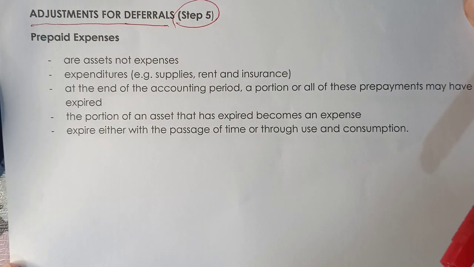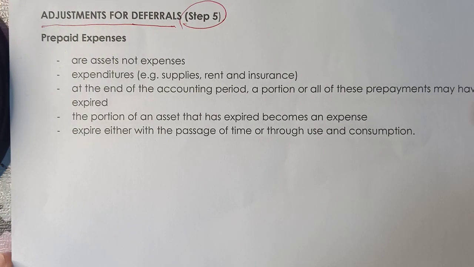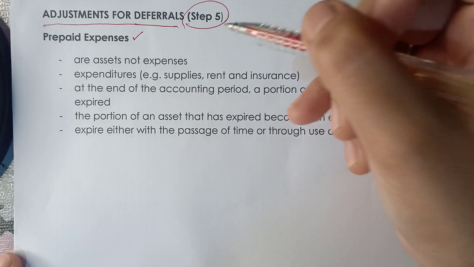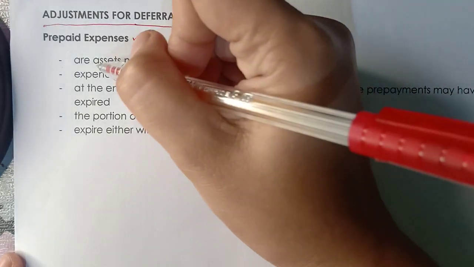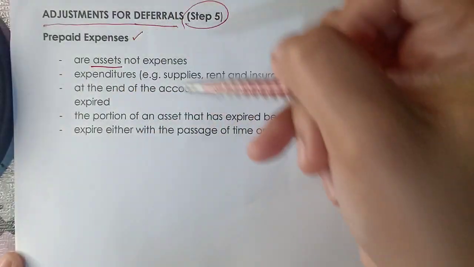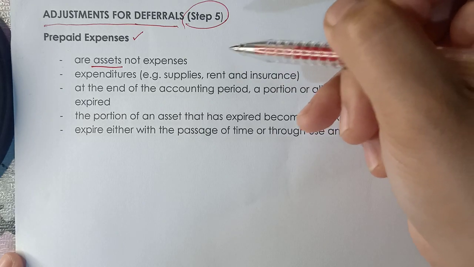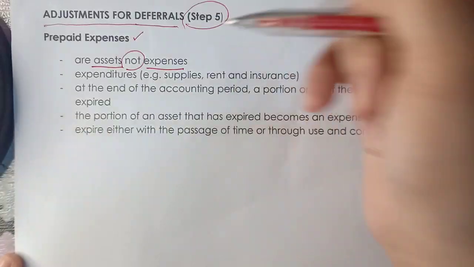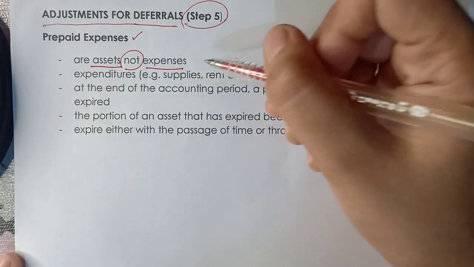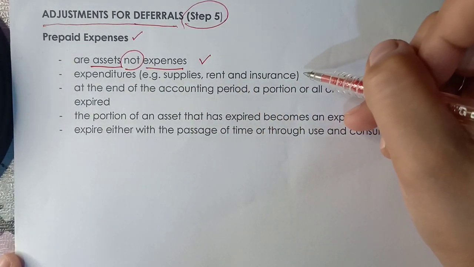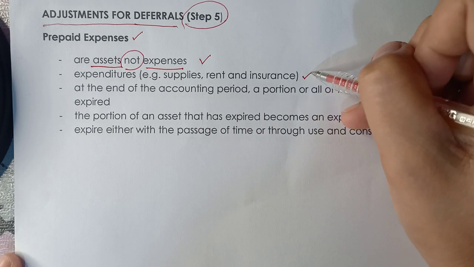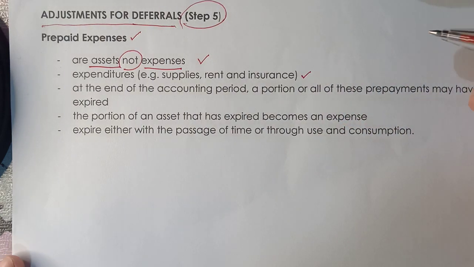Therefore, let's discuss these prepaid expenses. When we say prepaid expenses, take note that these are assets and not expenses. This is also an expenditure, for example supplies, rent, and insurance.